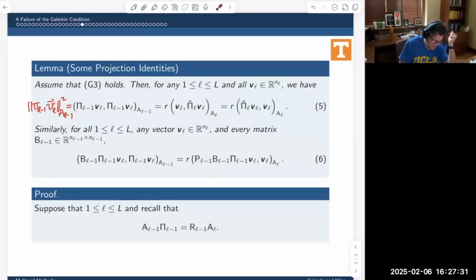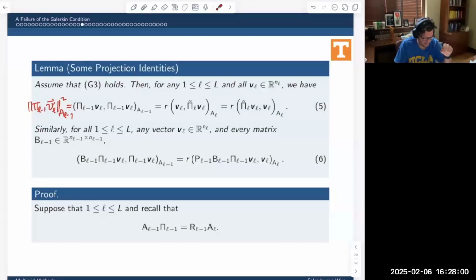What do I know about this constant here? R, I said before, has to be a number between 0 and 1. And now we see that makes sense because this object over on the left-hand side is a non-negative object, because it's a norm squared. So does this object here have a sign? Well, not necessarily.